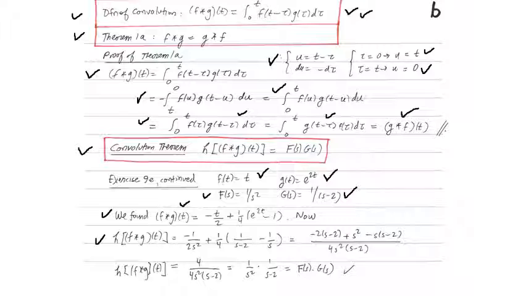So here we're just Laplace transforming term by term in the usual way. The Laplace transform of negative t over 2 is minus 1 over 2s squared, plus 1/4 times the Laplace transform of e to the 2t, minus the Laplace transform of 1. So that would be the Laplace transform of that function.